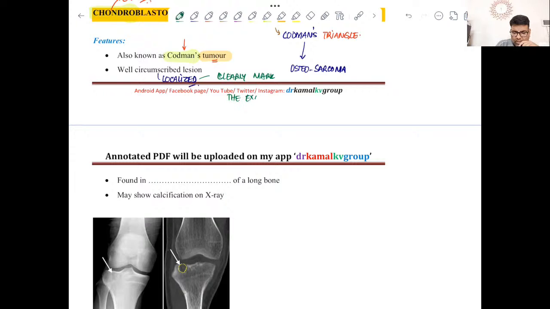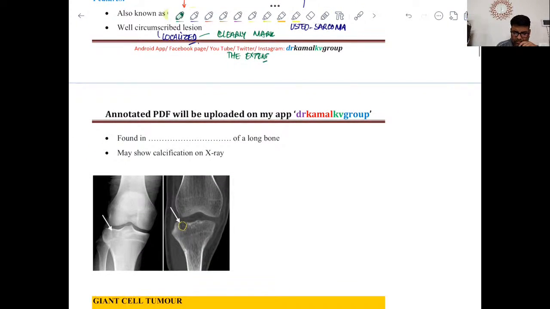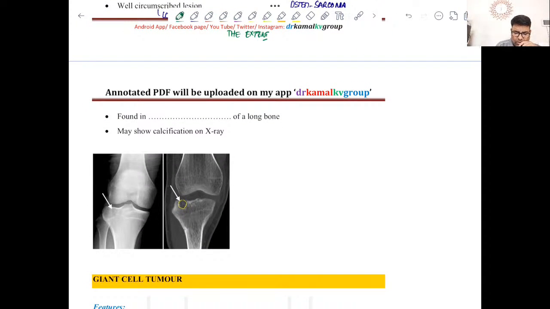So this is well circumscribed or properly localized. Now if you look at the X-ray, again you can see the tumor is somewhere here. Now this faintly white line is actually the growth plate.